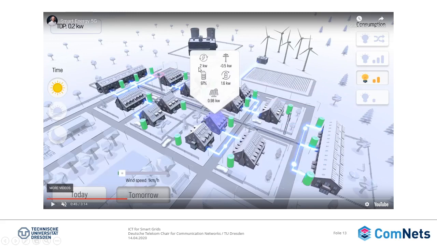So in total, it consumes 2 kilowatts for its own power demand, and it pushes 0.5 kilowatt to its neighbors. So it's pushing power to these two neighbors. And it uses 1.5 kilowatt from the battery and 1 kilowatt from the renewable generated power.